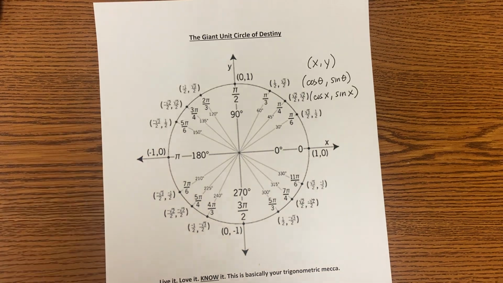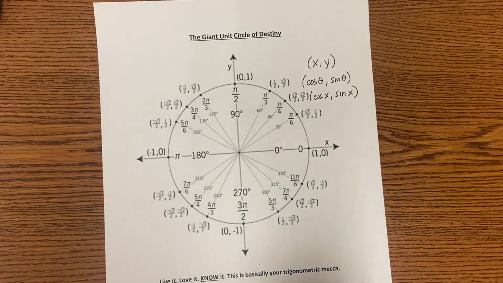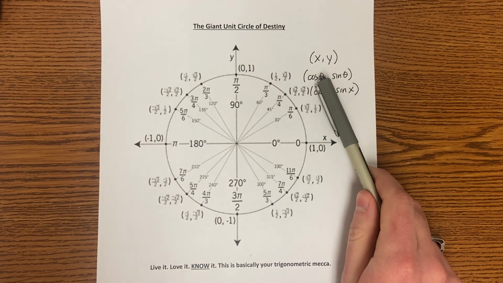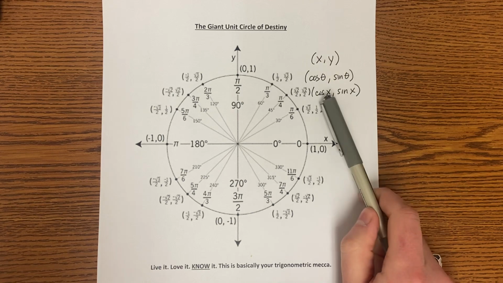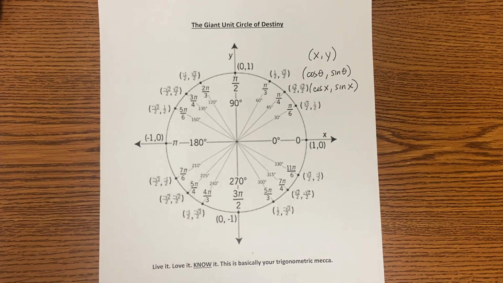And what that means is it's theta if it's degrees, it's x if it's in radians. So if you see problems that ever mention theta, they want your answer in degrees. If they mention x inside the trig functions, they want your answer in radians.